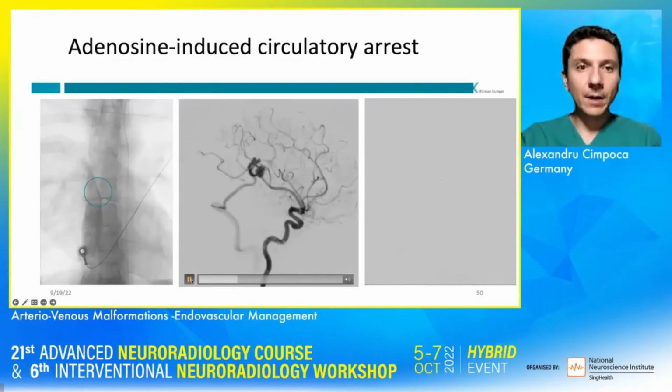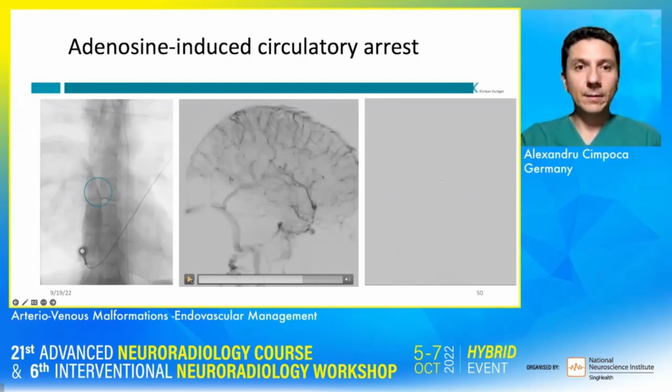This is the AVM to treat. It's a pretty compact AVM, but with a high flow. On the next angiogram, you can see the position of the microcatheter and also the high flow of contrast media through the AVM directly into the draining vein.